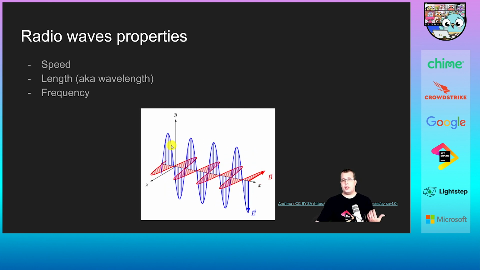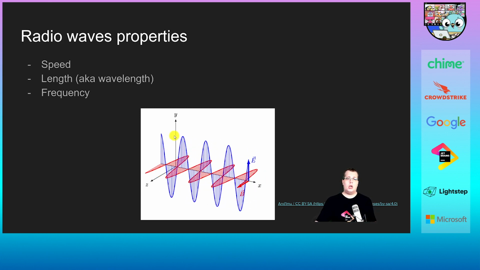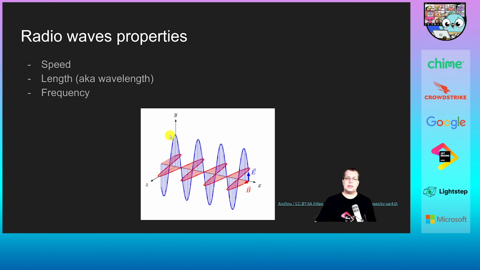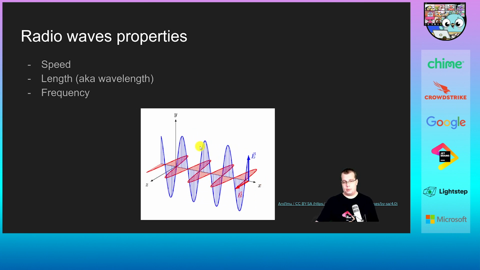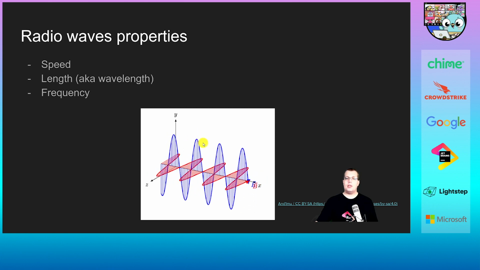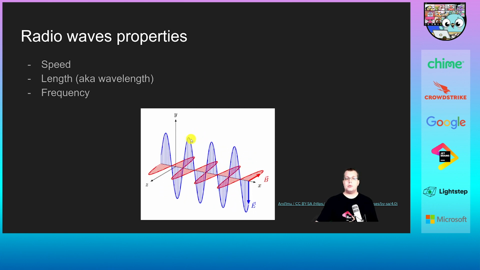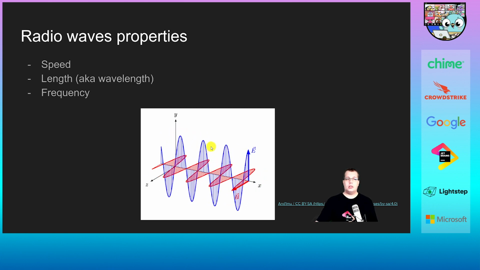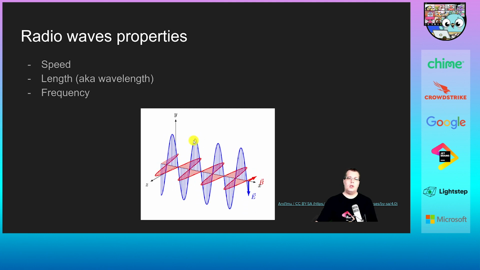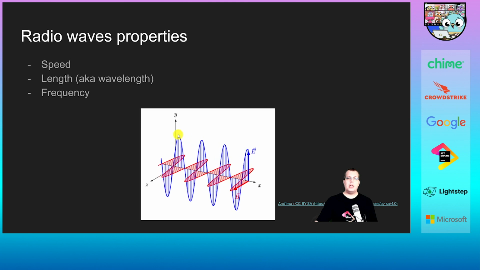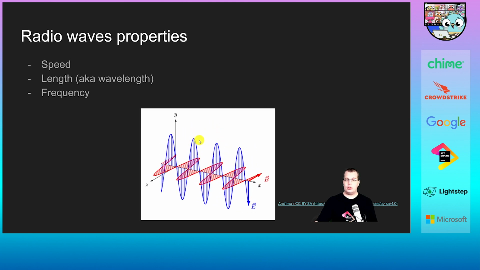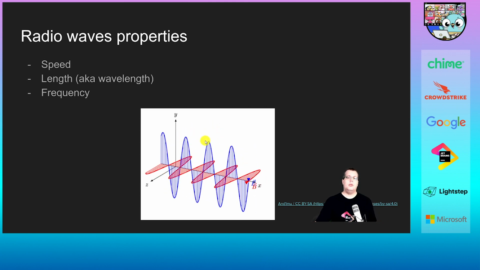If we consider our radio wave to be here on the y-axis, let's say, we observe a peak of the wave as being this one, and the next one as being this one. So the distance between these peaks is called the wavelength. They travel at a certain speed, which gives them a frequency of occurrence for the peak itself.